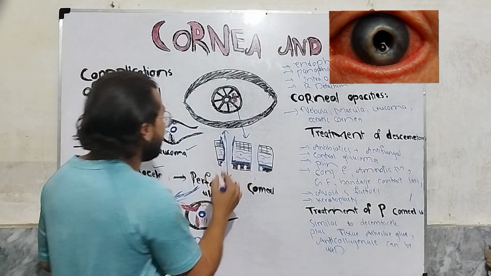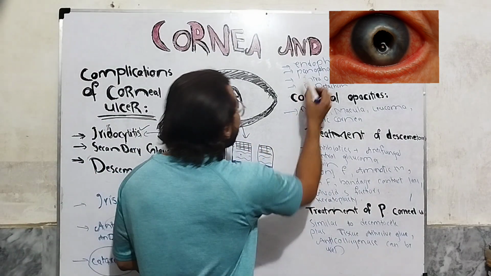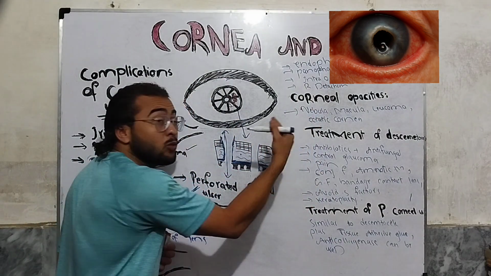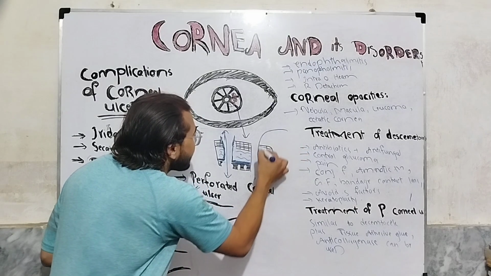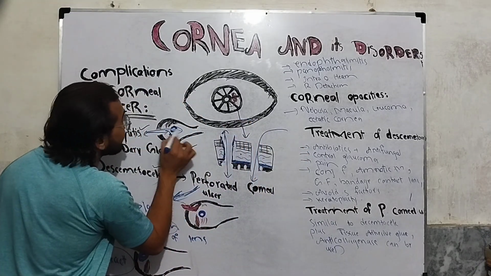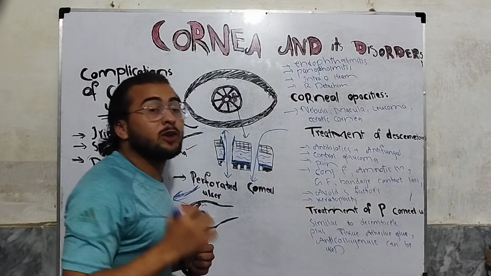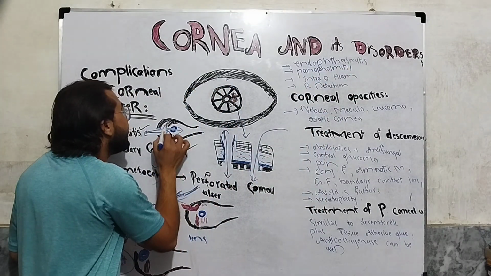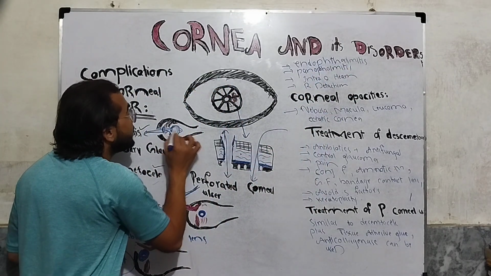Plus this perforated corneal ulcer can cause, as now the external and internal environment are connected, the microbes to come into the eye directly, and will cause the inflammation of the anterior chamber and the posterior chamber.